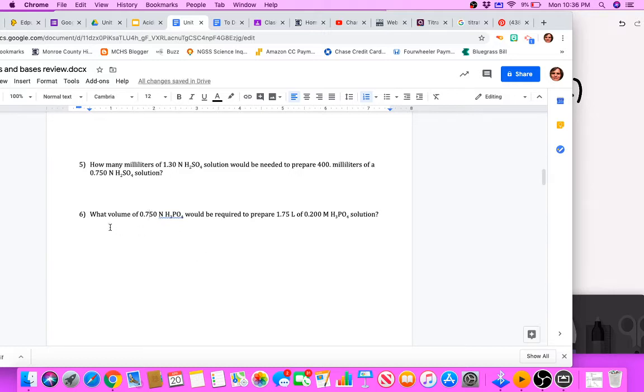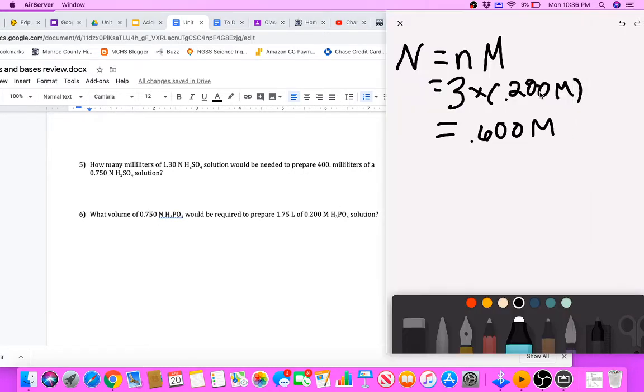Okay, there we go. So what volume of 0.750 normal H3PO4 would be required to prepare 1.75 liters of 0.200 molar? We just converted by taking the equivalence times the molarity. We now have a 0.600 normal solution.